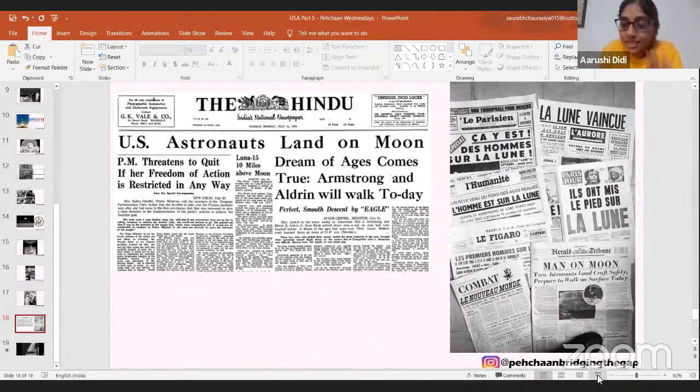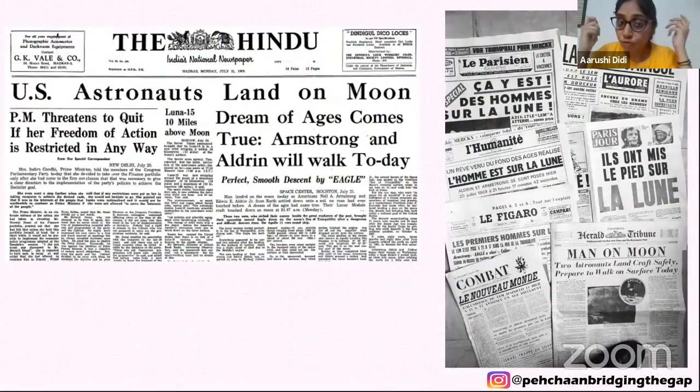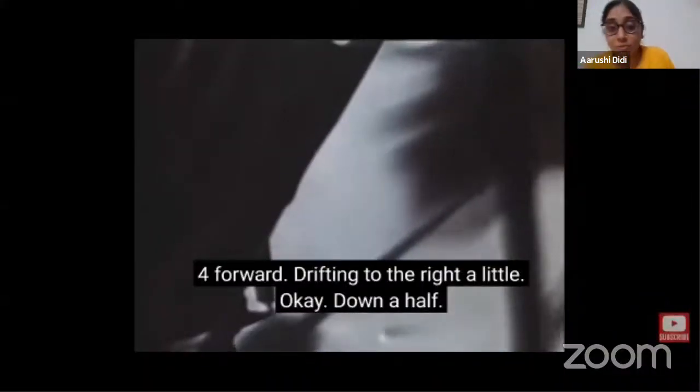You can actually see the steps, and you can actually hear the sound, like one of them saying engines off, which means that engines are getting off and they are landing. You can see the soil or the land of the moon, right? So please focus on all of these things, and let's discuss how the video was for you. Okay, Saurabh, you may please play the video with the sound.